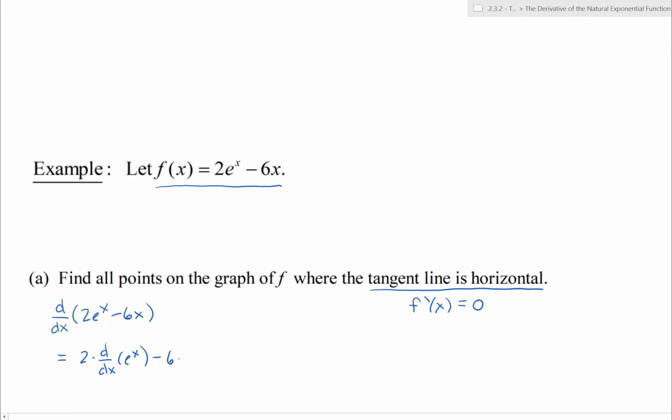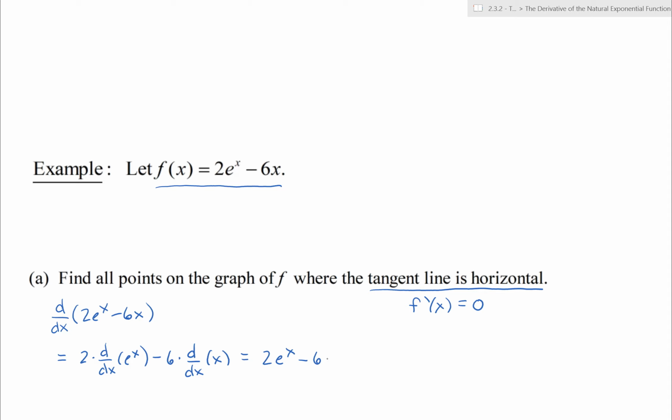And then minus a 6 times the derivative with respect to x of x. And now that we've figured out that the derivative of e to the x with respect to x is itself, this gives us 2e to the x minus a 6, technically times a 1, since the derivative of x is just 1. So there's our derivative in general.